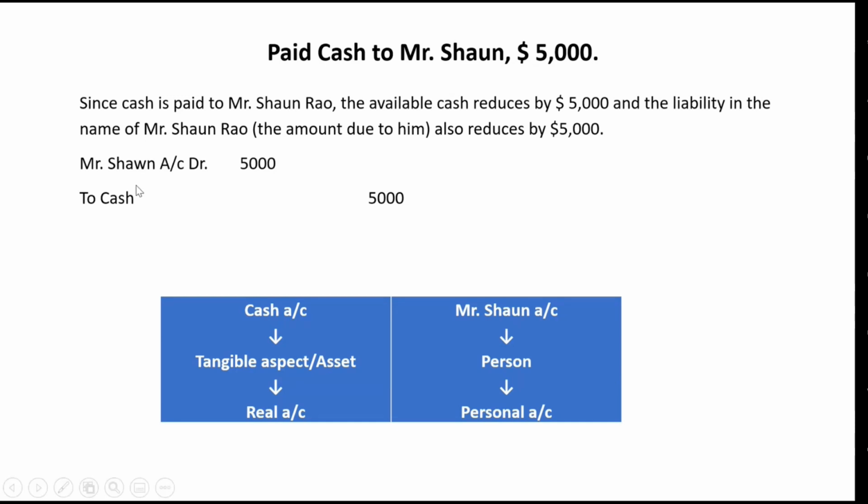So this is the second entry that we have explained here. Mr. Shaun, to whom we need to pay money, that was our accounts payable. Now we are debiting it because Mr. Shaun is receiving this money. So debit the receiver and credit what goes out in this transaction.